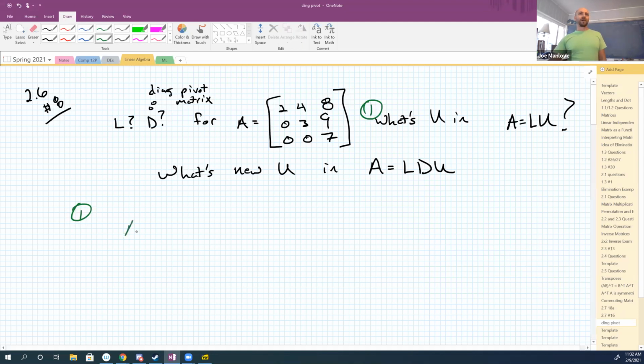Like if I just need to write this as something that only has stuff in here, maybe let me mark the zeros. So here's the kind of skeleton of a lower triangular matrix. And then I need to multiply this by something that's the skeleton of an upper triangular matrix, so like this.